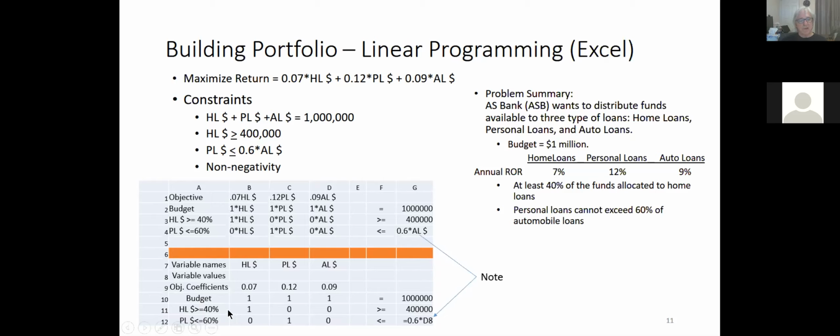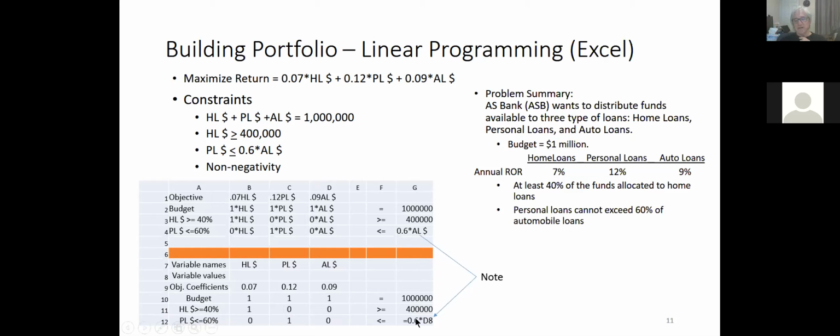So the budget will be 1 and 1 and 1. And then the second will be 1, 0, 0. You see why I wrote it here? I want you to see where the 1, 0, 0 come from, and 0, 1, 0. Personally, when there are zeros, I just leave it blank myself, because Excel understands a blank cell as 0. But if you want to write 0 and make it clear to you, go ahead and do it.